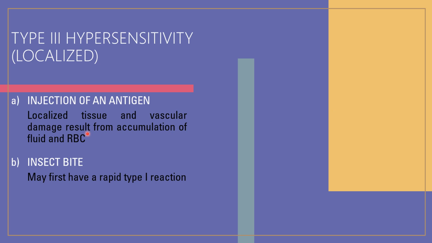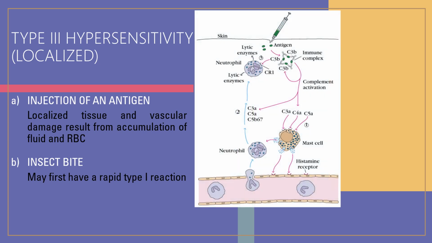So there are localized types of hypersensitivity reaction. When the antigen is introduced in the skin, it will trigger a binding to an immunoglobulin.